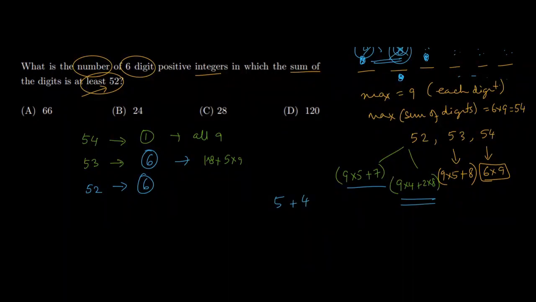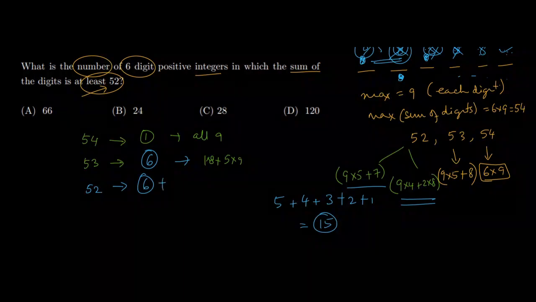Similarly, 8 in the third place would mean the second 8 would be in any of the 3 remaining places. Similarly, 8 in the fourth place will give me 2 spaces to put the second 8, and 8 in the fifth place will give me just 1 position, which is the last position to put the second 8. So this is nothing but 5 plus 4 plus 3 plus 2 plus 1, which is 15.